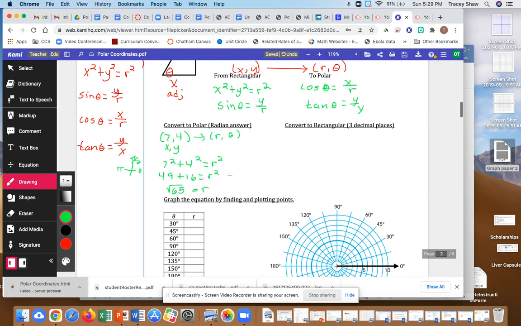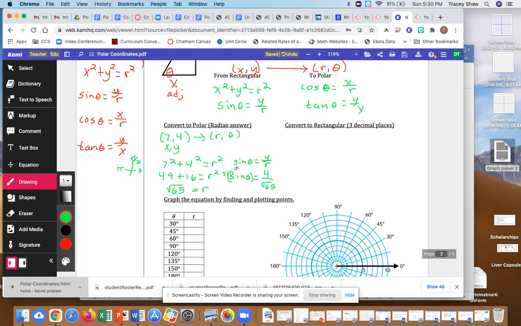What I'm going to do is I'm just going to choose my favorite trig function, whether it's sine, cosine, or tangent. Let's say my favorite trig function is sine. And I'm going to use the fact that sine of theta is y over r. Sine of theta equals, now my y, we can look over here at our original point, is 4. My radius I found is the square root of 65. And I know that if I want to find theta, and sine and theta are attached together, then I have to use inverse sine on both sides.